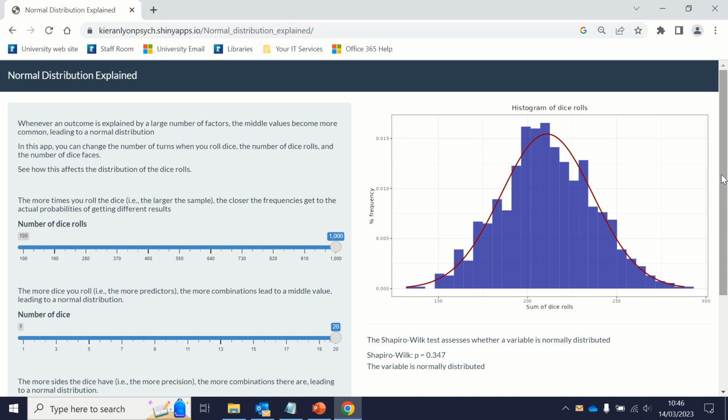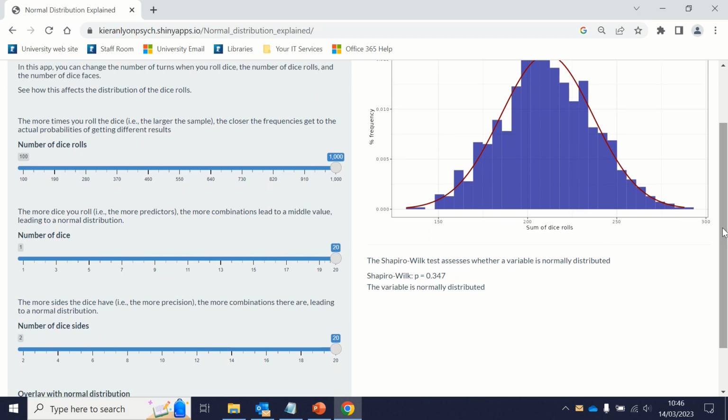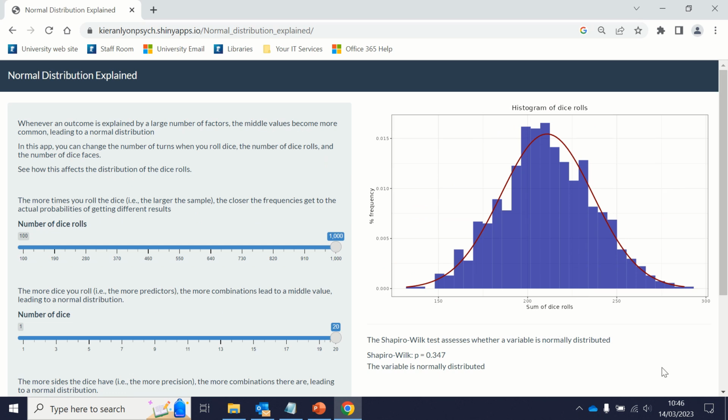So what I'd like you to do is have a little bit of a play around with this app and see which levels of these three different parameters are necessary to come up with a normal distribution. And so, that's our introduction to the normal distribution.